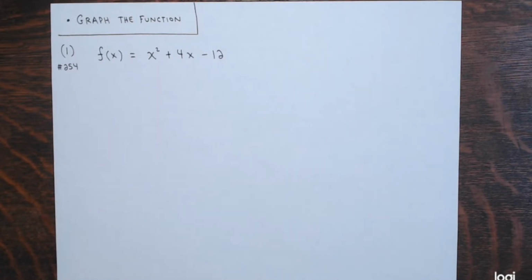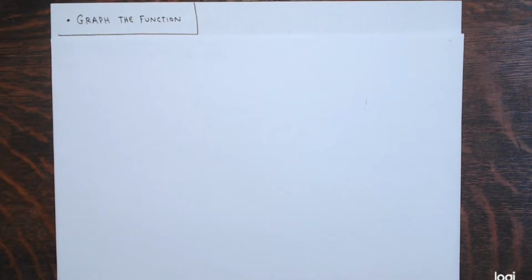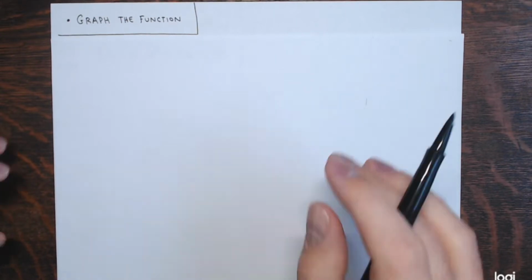Before I actually get into this example specifically, I want to, on a separate piece of paper, talk about how I'm going to go about graphing every single one of these functions.